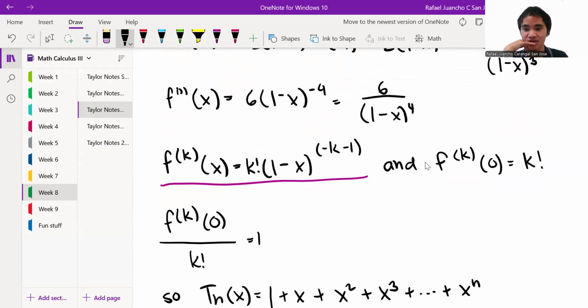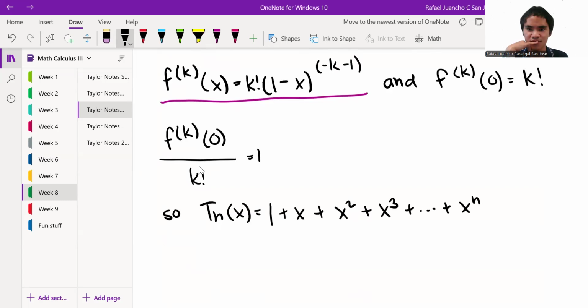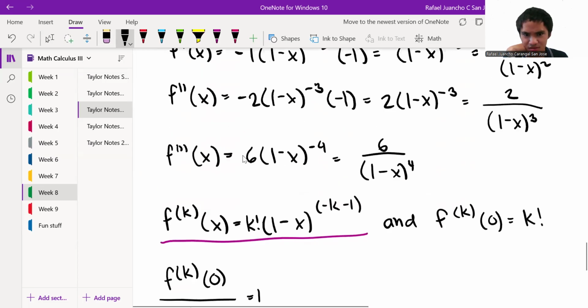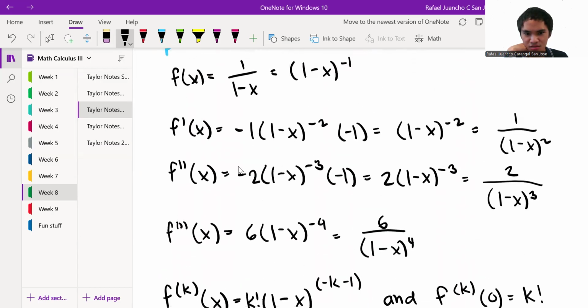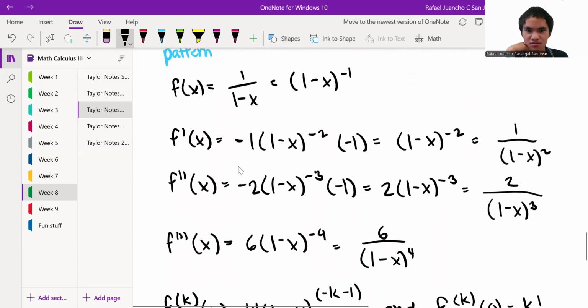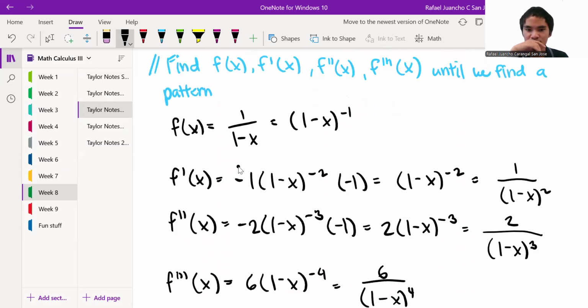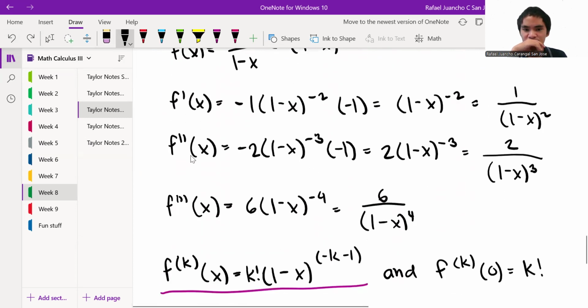And then when I get to here, I plug in a zero, this makes sense. And then the moment I find the kth of zero divided by this is a one. What's happening? Yeah, because I keep going. Hmm, this is weird.